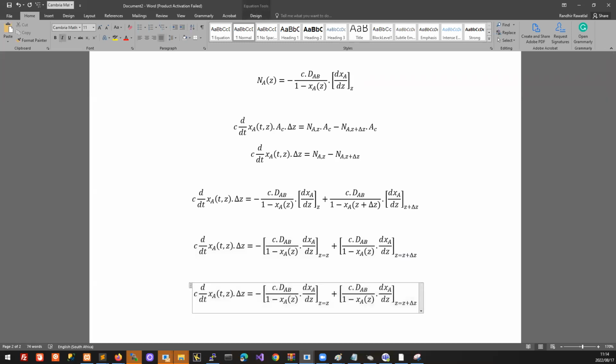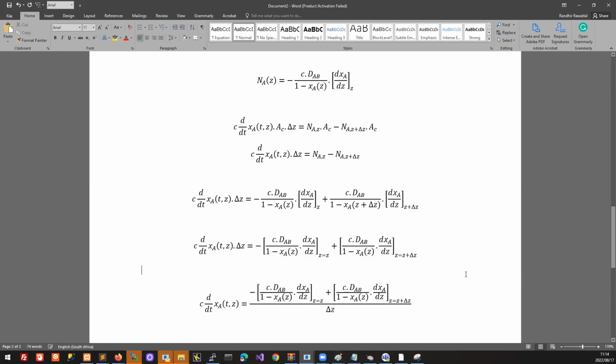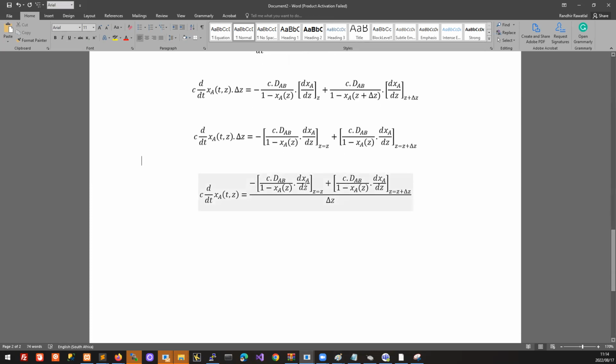So we're going to write this as that divided by delta Z. Right, so we've divided by delta Z here. And if you look at this equation here, we can see it's a function at Z, right?